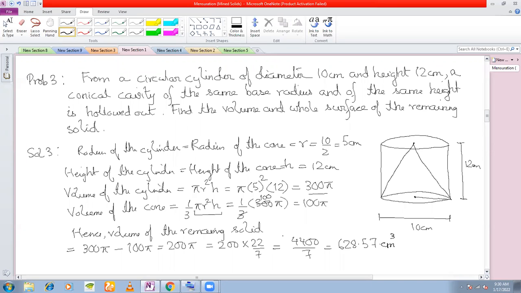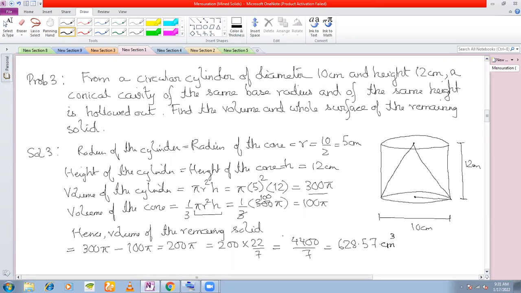Now the question is, what about the whole surface area of the remaining solid? When I'm taking out a conical cavity from the cylinder, you have a hollow part inside that also has a surface area. What should be the surface area of that? It will be only the curved surface part of the cone, because the base is hollow.